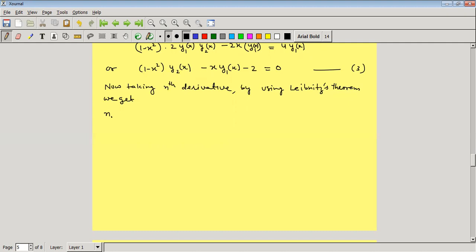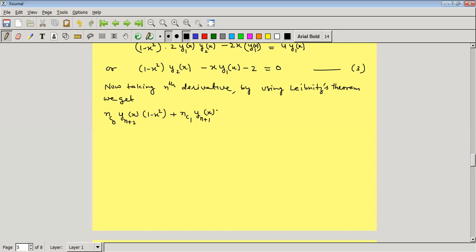So we can apply nC0 y(n+2)(x) into 1 minus x square. We have already differentiated this function 2 times, and when we differentiate n more times we get the (n+2)th derivative. Why do we take 1 minus x square to be v? Because this is a vanishing function. After some steps, this function becomes 0. So that's why we take this function to be v, plus nC1 y(n+1) derivative at point x.